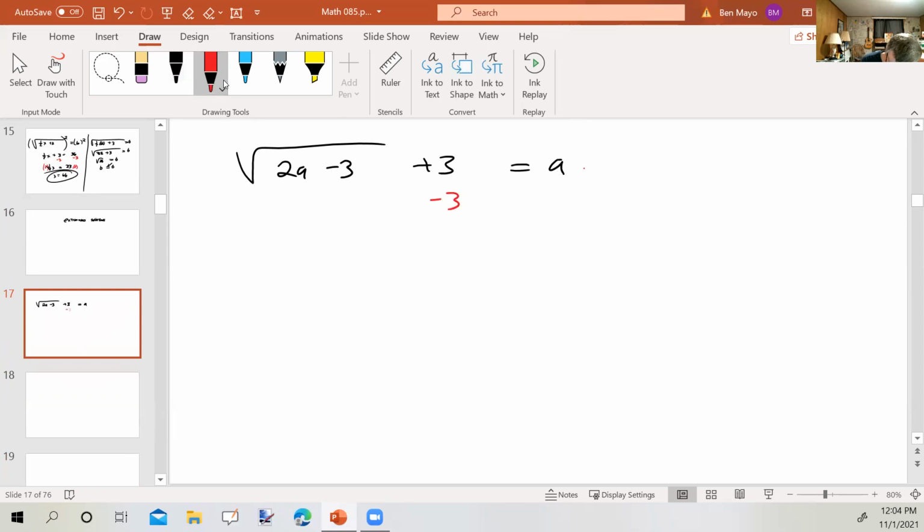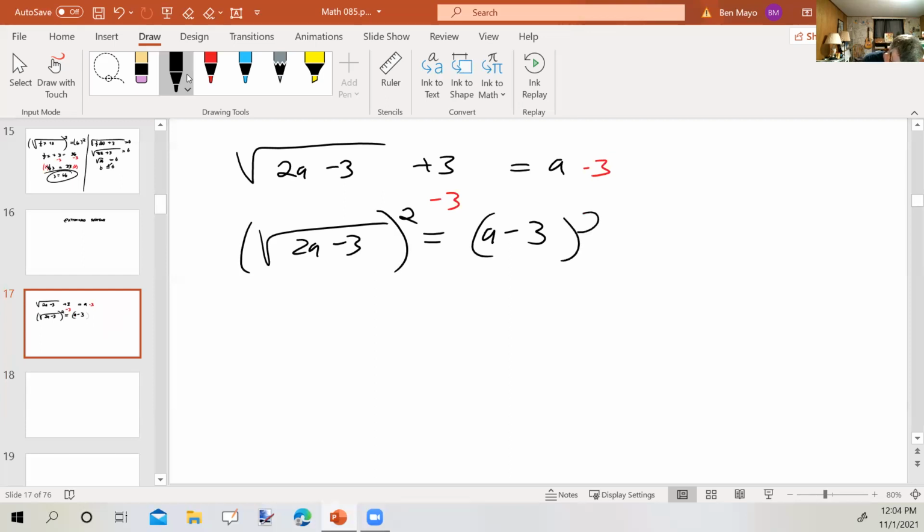So our first move is to subtract 3 from both sides of the equation. Next, I have to square both entire sides. Now be careful, over on the right, it's not a squared minus 3 squared, it's a minus 3, the quantity squared.